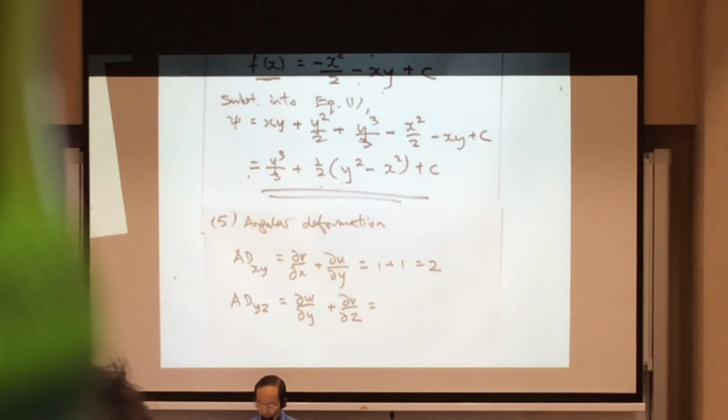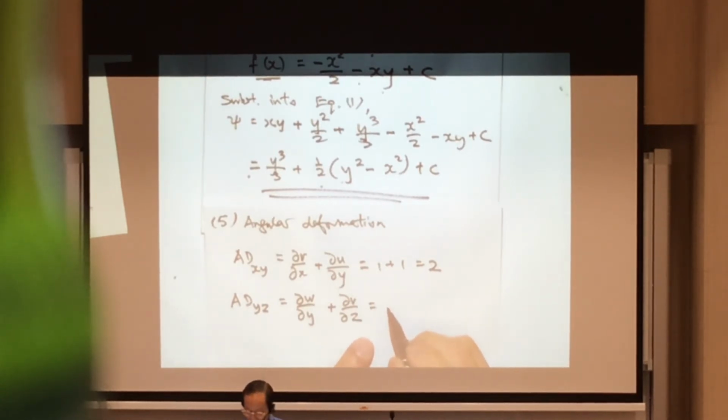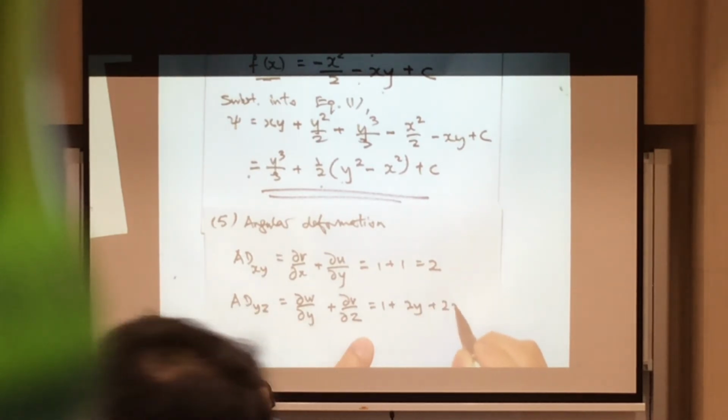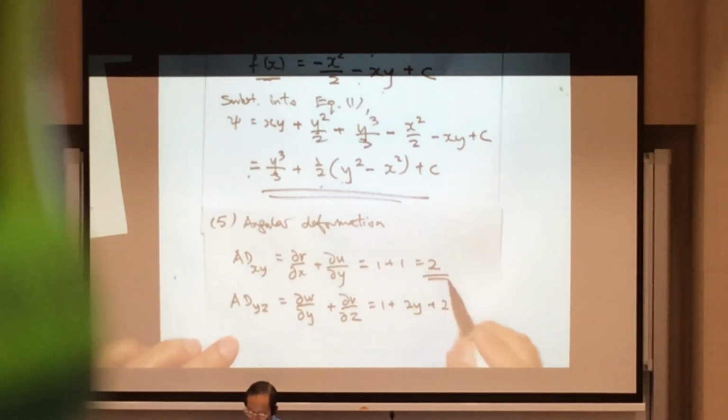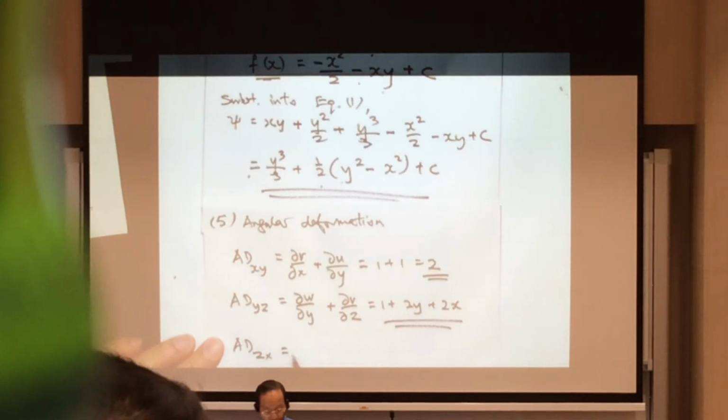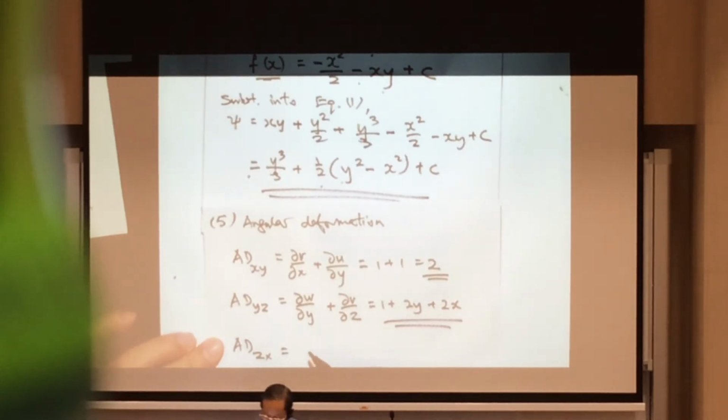So we differentiate the expressions given to us in the question. You get 1 plus 2y plus 2x. Okay, so this is there, and then the angular deformation in the zx plane is given by this expression, del u del z plus del w del x.